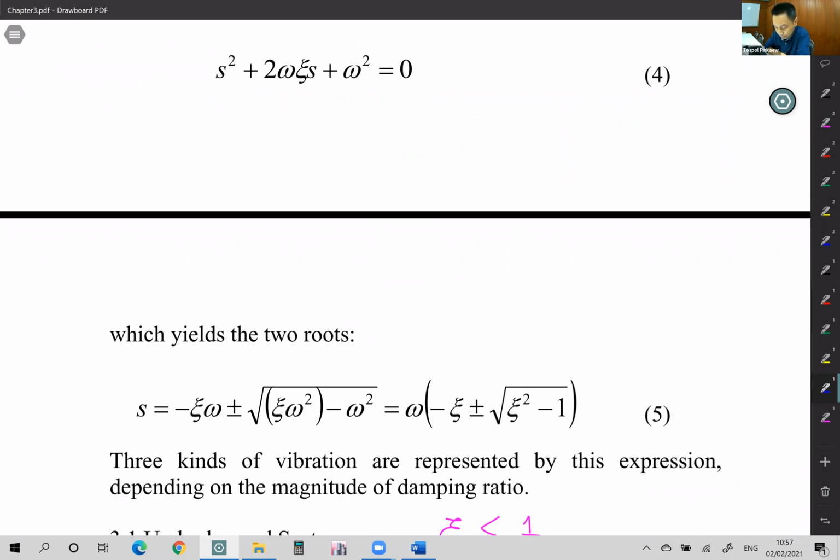Since this is S squared, you should have two roots for S. The two roots of S are minus psi omega plus and minus the square root of psi squared omega squared minus omega squared, which is equal to the last term in equation number 5: omega multiplied with minus psi plus minus the square root of psi squared minus 1.